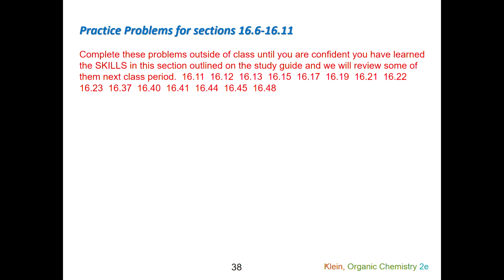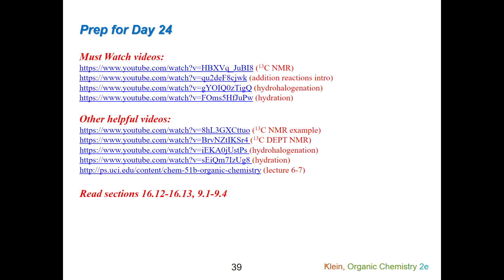So practice some of this stuff, please, so you can get good at relating structures to NMR spectra. And then next time we will focus on the carbon NMR. We'll look at some examples and finish that up.